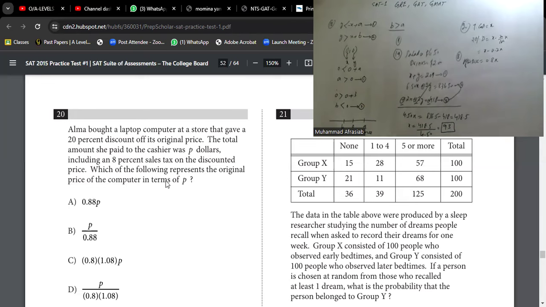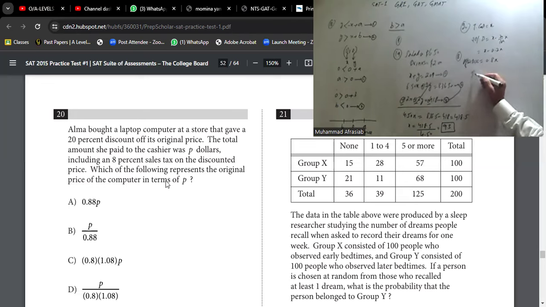And she paid P dollars, including an 8% tax on the sales. So 8% is the tax on that.